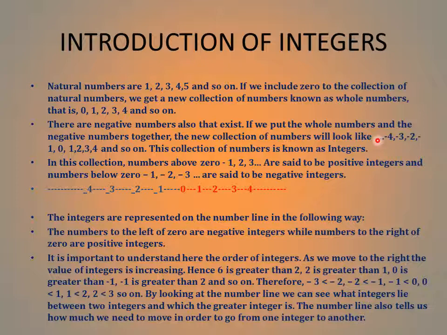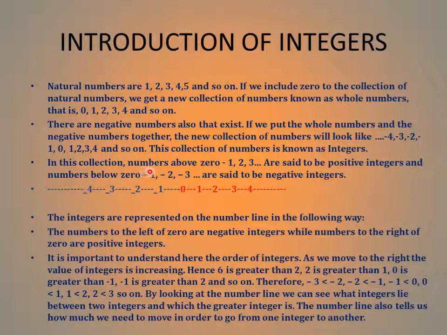As we move to the side of the minus sign, the more the number, its value will be less. Like minus 5 is less than minus 4, minus 6 is less than minus 5, like that. You will learn all this in the exercise questions. This collection of numbers is known as integers.